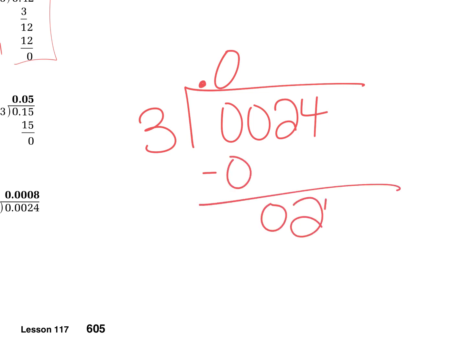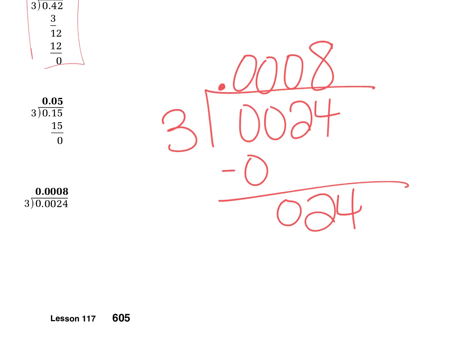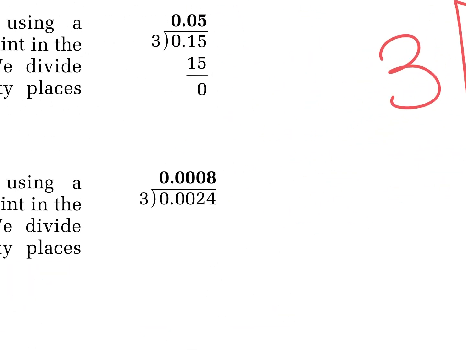Then I could say 3 goes into 24 8 times, and then I can just fill in those zeros right there. So I could just do 3 into 24. I'd put my 8 there, and then the 3 spots I would fill in the decimal.